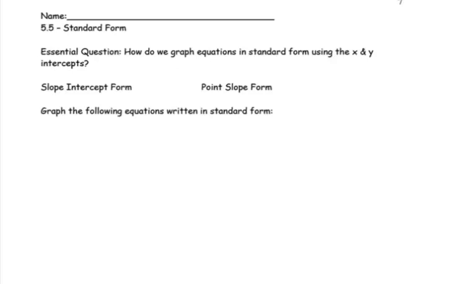As we begin, let's remind ourselves of the forms that we've already discussed. The first is slope-intercept form, which is y equals mx plus b. The slope is represented by the letter m, and the intercept is the y-axis intercept, the point (0, b), whatever that value of b is.